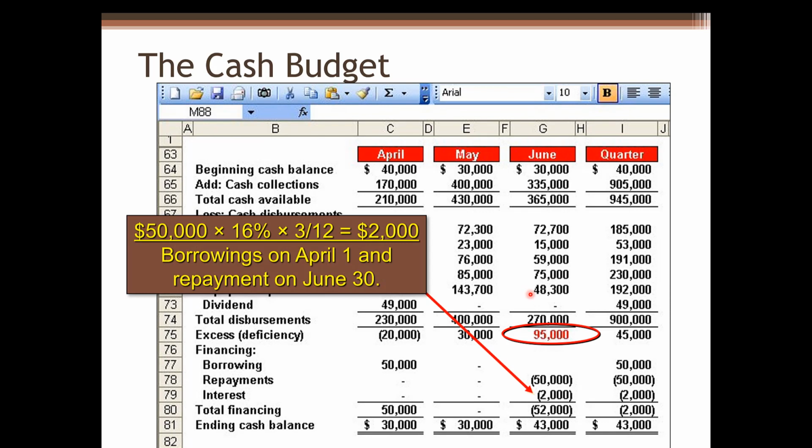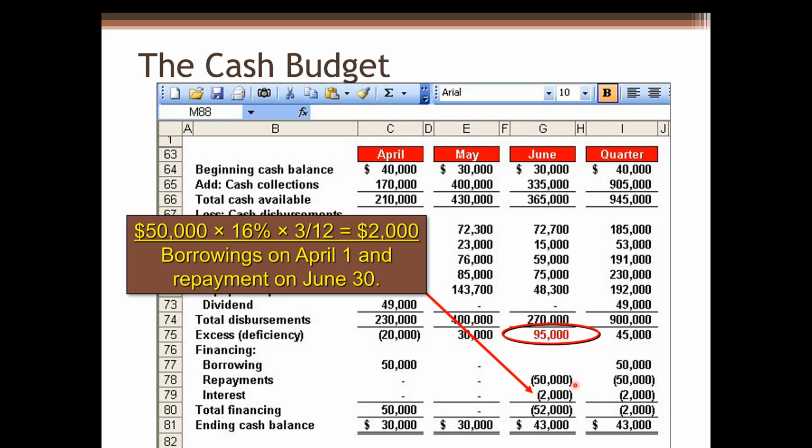The company has excess as well, $95,000. At the end of the quarter, the company needs to pay back the loan, $50,000. So in the financing section, we subtract the repayment here, $50,000.